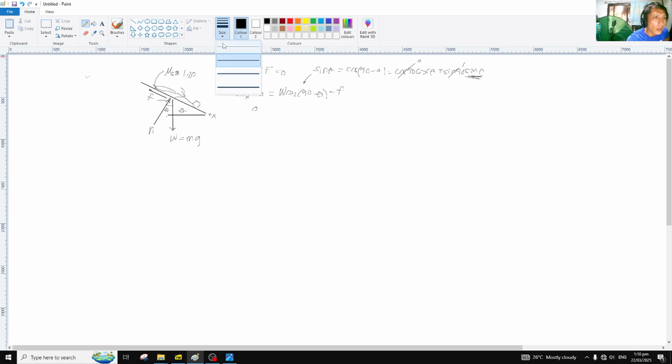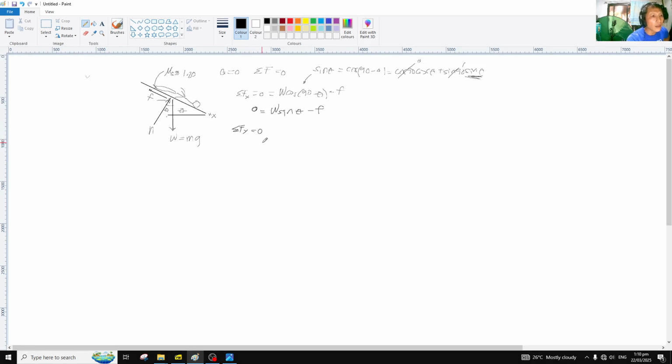So that would be W sine theta minus F. And then you would plug in your summation of forces on Y.